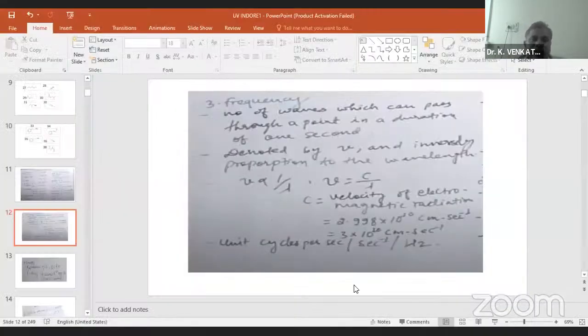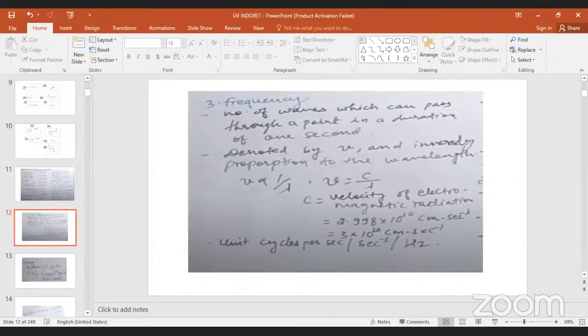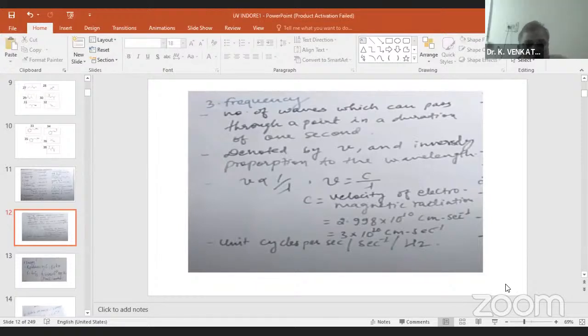What is the frequency? This is also very important. Madam, what is the frequency? The number of waves passing through a particular point in 1 second. Yes, correct. The number of waves which can pass through a point in a duration of 1 second is called the frequency.